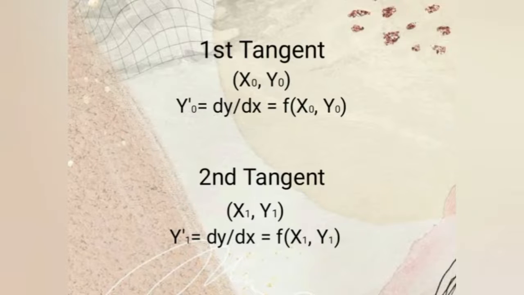In the first tangent, we have x and y sub 0, wherein y sub 0 prime is equal to dy over dx, the function of x and y sub 0. And in the second tangent, that is x sub 1 and y sub 1, so y sub 1 prime is equal to dy over dx, equal to the function of x and y sub 1.